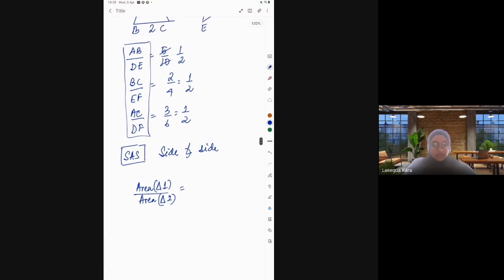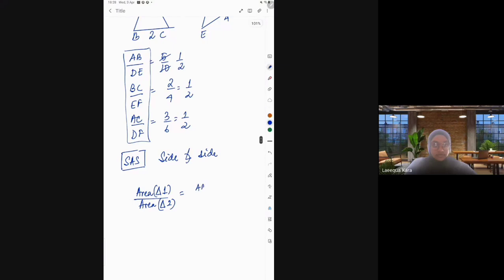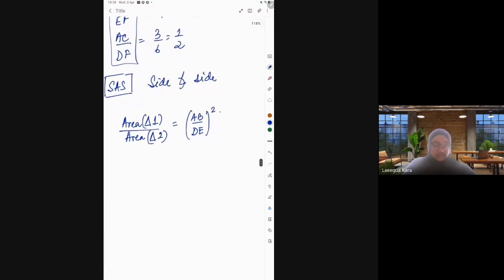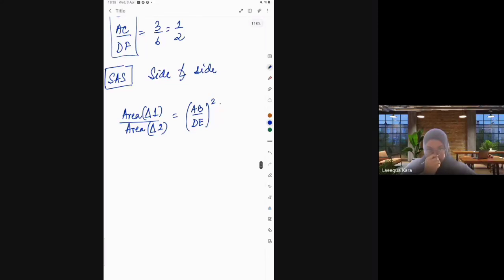So like in the given triangle, if I have AB and DE in proportion, then the ratio between the area of triangle ABC to the area of triangle DEF in this particular case will be equal to the square of the ratio of their sides.